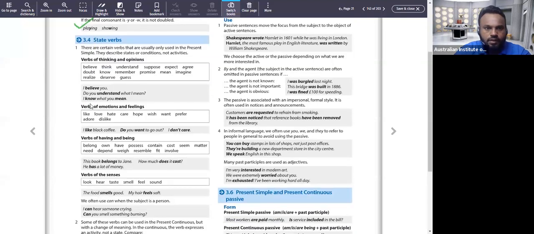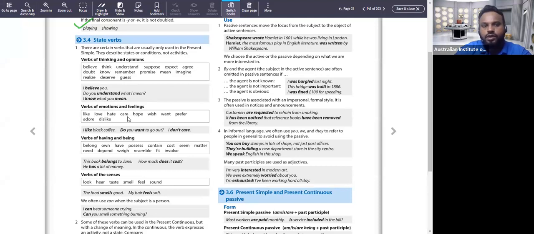Remember, I believe you. Do you understand what I mean? I know what you mean. These are a few examples. Verbs of emotion and feelings. There are more state verbs used for emotions and feelings, like love, hate, care, hope, wish, want, prefer, adore, dislike.